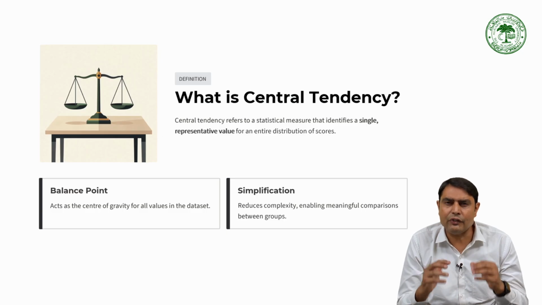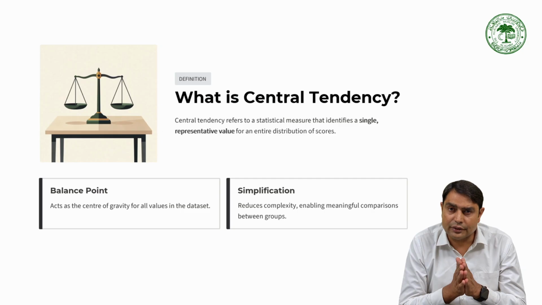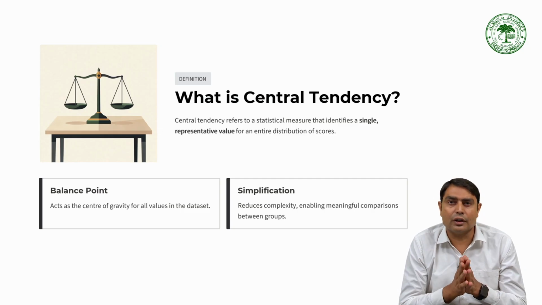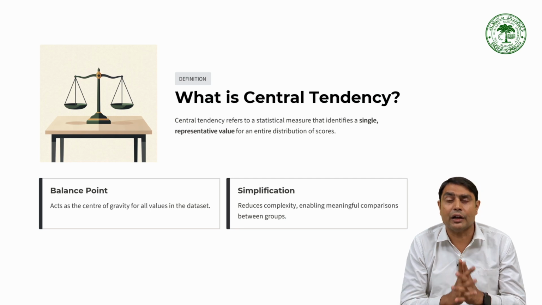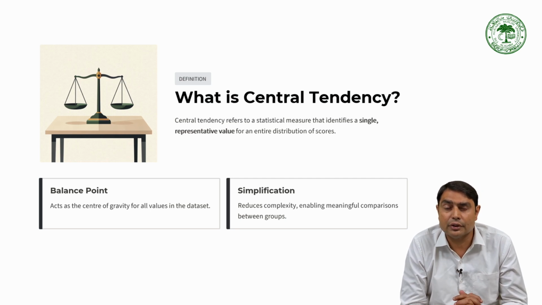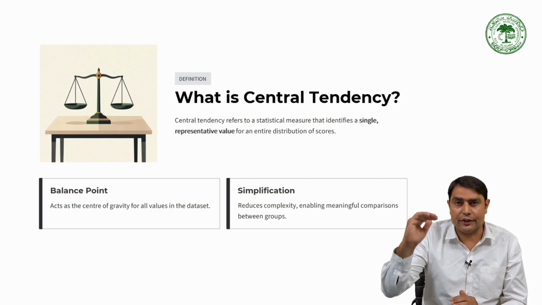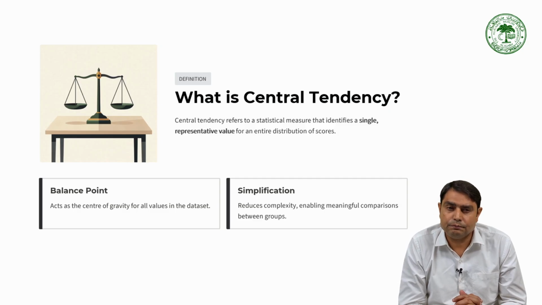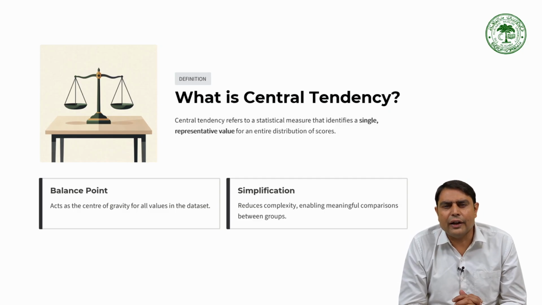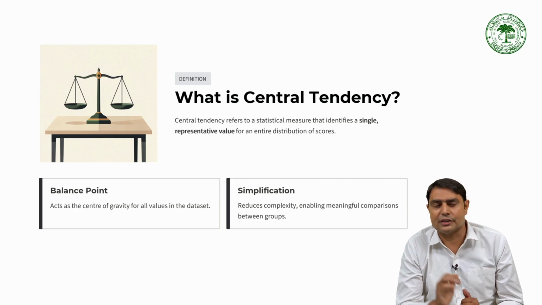That gives me a quick answer, and I can draw a quick conclusion about the class, because I may not have that much time to ask the percentage of each and every student. That gives me an idea where I have to take my lecture, to what level I have to start with. That is why central tendency is one of the first concepts that students learn or should learn in statistics.